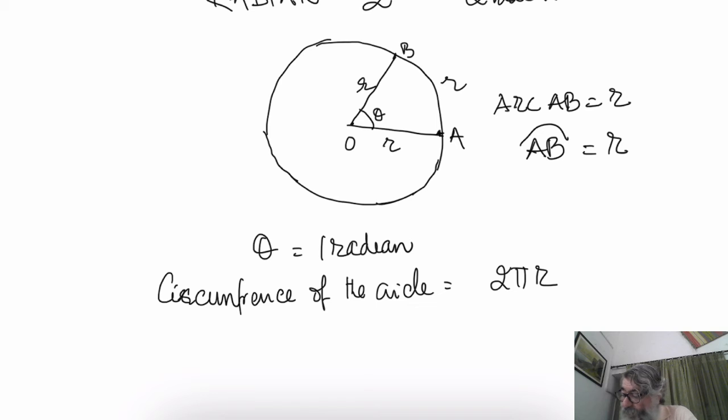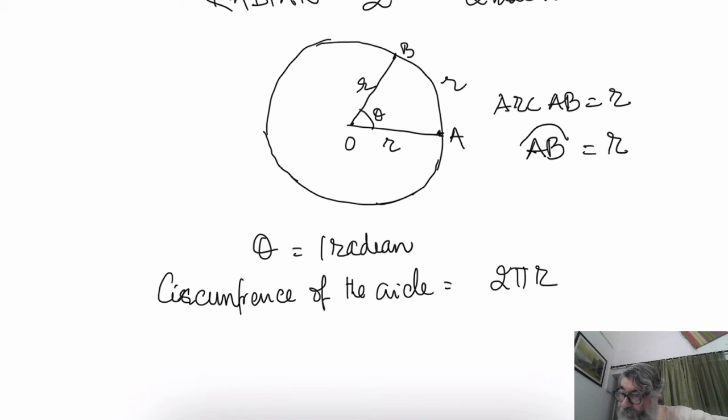So what's happening is that if I divide it by arc r, what will I get? I'll get how many arcs of the size r will be cut.